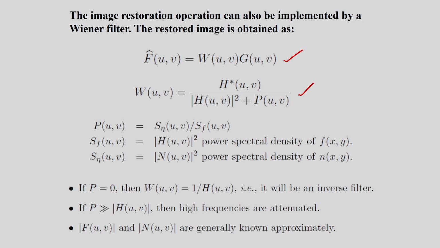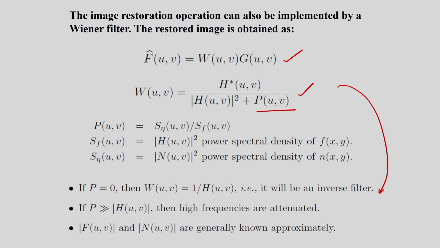And if I consider P is equal to 0, then W(u,v) in the expression, if you see this expression, is equal to 1 by H(u,v). That is nothing but the inverse filter. If P is greater than H(u,v), then the high frequency information will be attenuated.